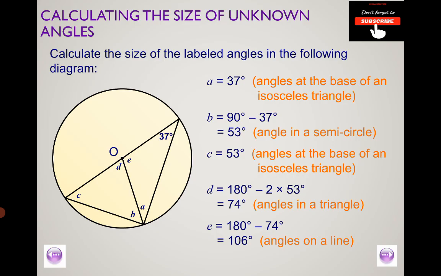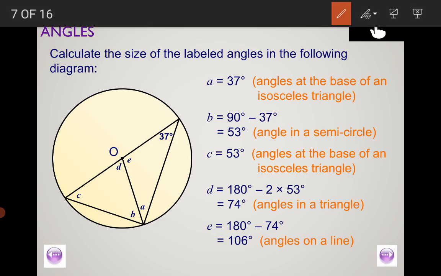So take this angle here, take this angle here, add them up, they'll give you 180 degrees. We call them adjacent angles on a straight line. Adjacent angles on a straight line add up to 180. That means D plus E is 180 degrees.